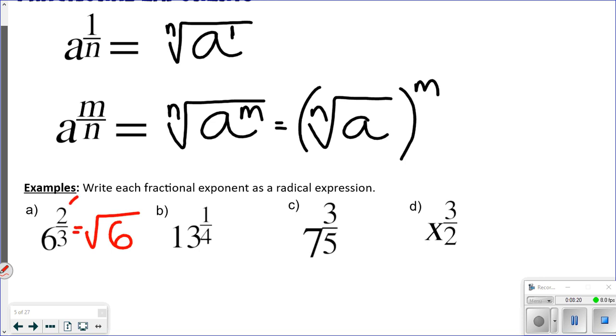This numerator is the exponent. So you can put a 3 right there. Oops, sorry. You can put a 2 right there. And then our denominator becomes our n, or our root index. So that would be the 3.